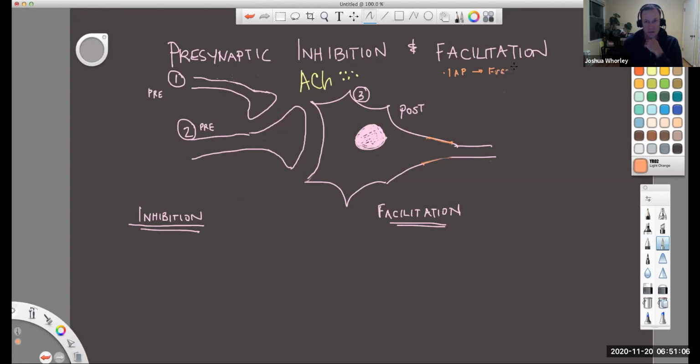So a fraction of vesicles release neurotransmitter, and that means that a fraction of these ligand gated channels open.